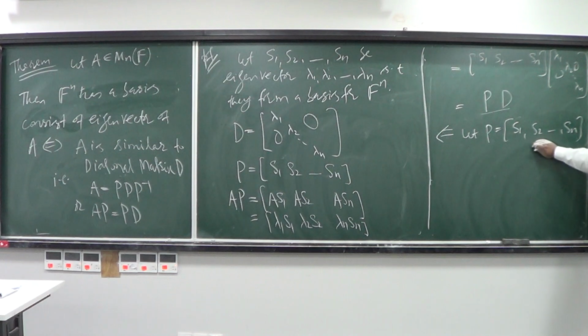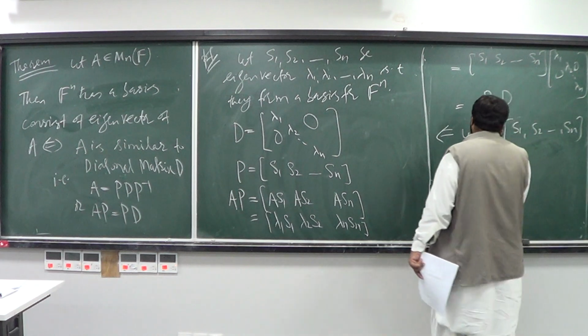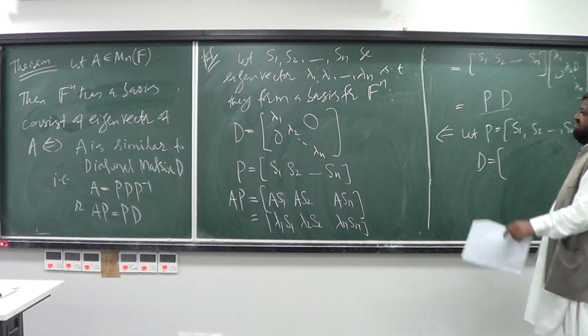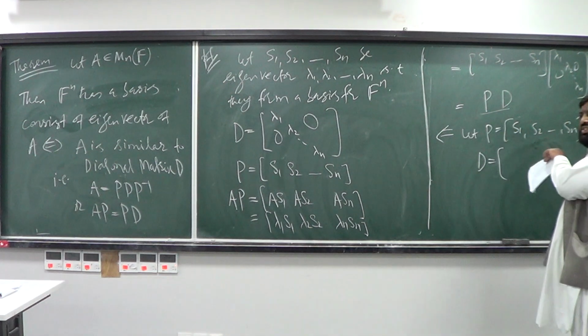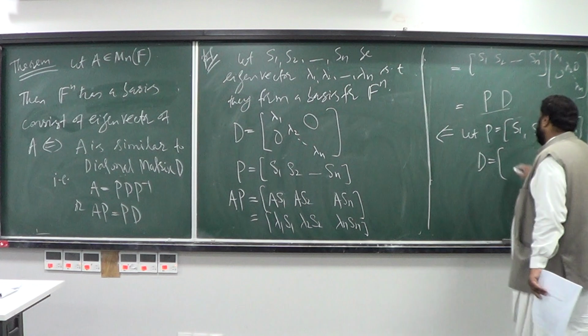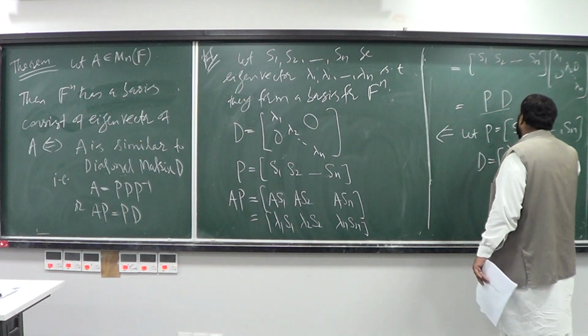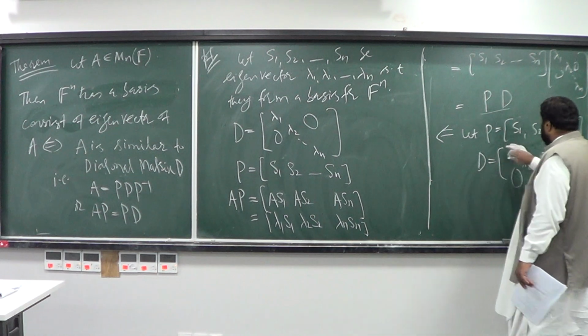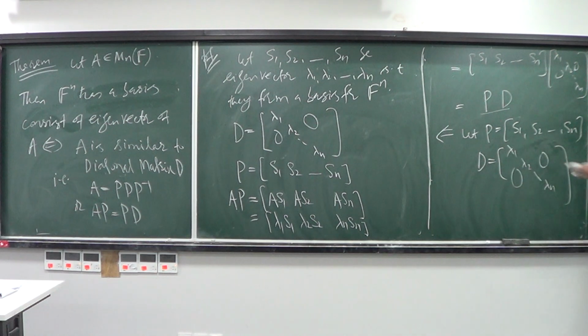They are just column vectors of the matrix P. And D is some diagonal matrix, with entries lambda 1, lambda 2, lambda n on the diagonal. In the converse, I'm not assuming that these are eigenvalues. These are not eigenvalues for now.